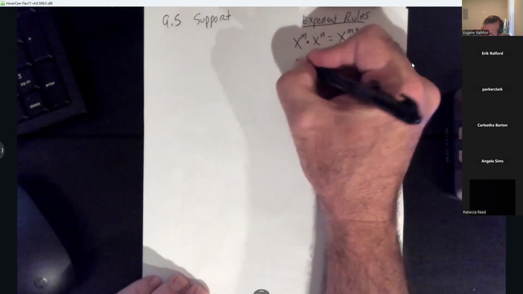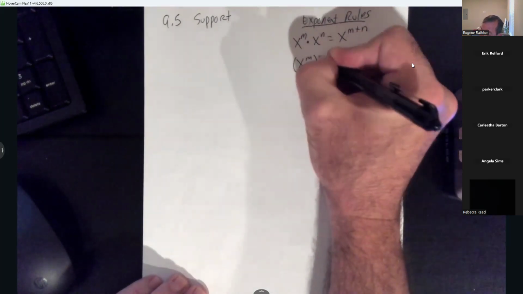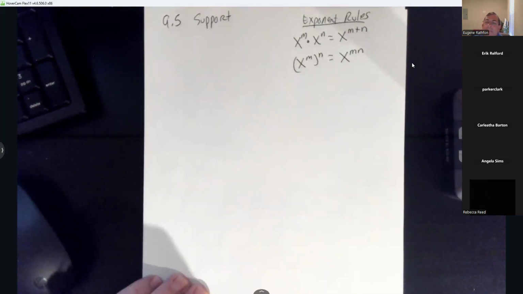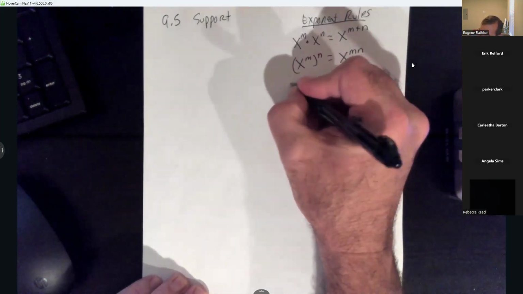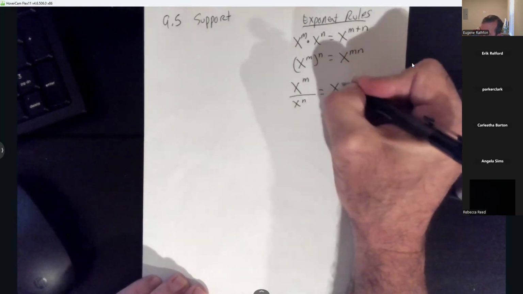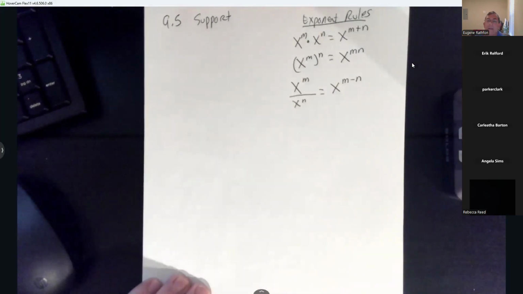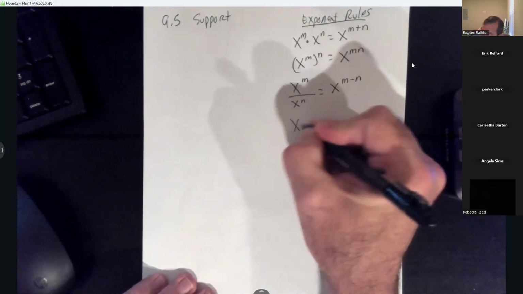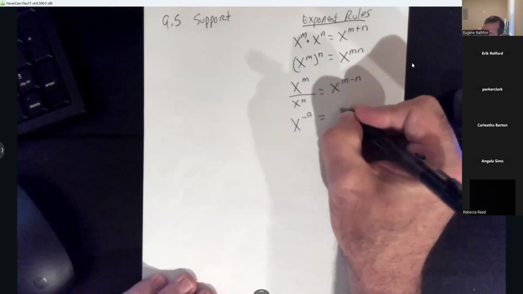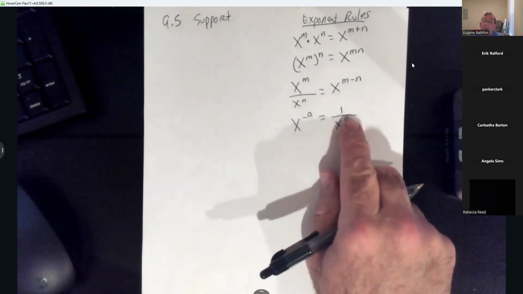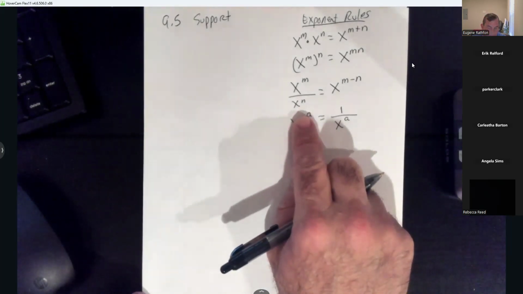We got a power rule that says x to the m raised to the n equals x to the m times n. I have a quotient rule that says x to the m over x to the n equals x to the m minus n. And then the last rule would be my negative exponent rule. So x to the negative a equals 1 over x to the a.